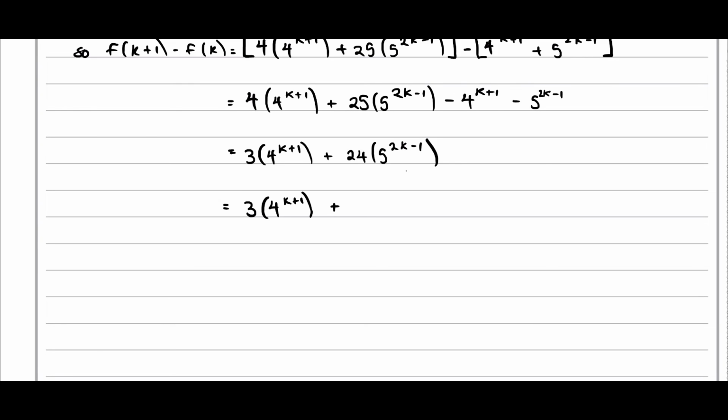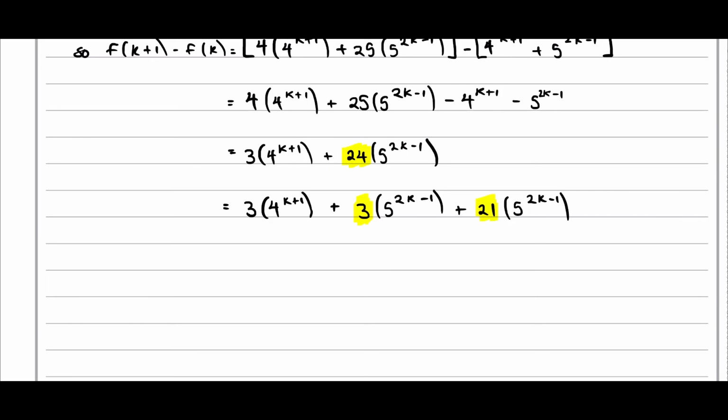So we have over here 3 lots of 5 to the power of 2k minus 1 plus 21 lots of 5 to the power of 2k minus 1. So essentially, if I grab the highlighter, 3 plus 21 gives the 24.